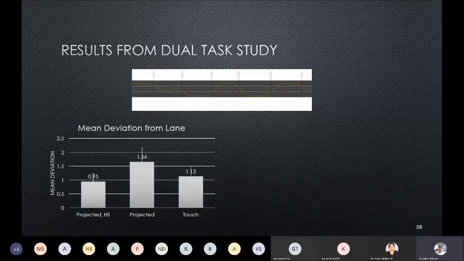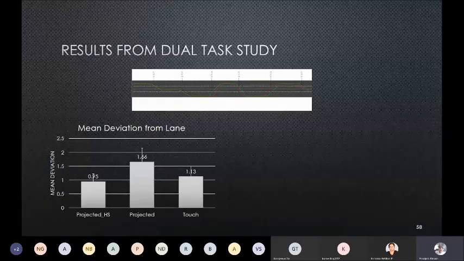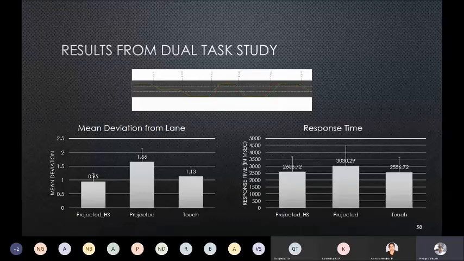So what we noted is that when they are undertaking the secondary task with this hotspot, their driving performance actually improved, and it was even better than the touchscreen itself. And then we calculated the average time they are taking to select those buttons.